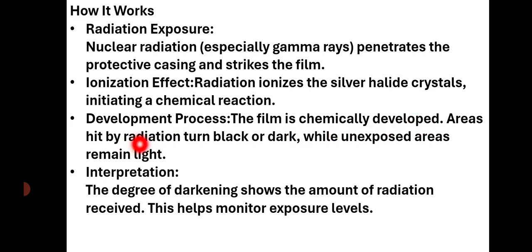Areas which are hit by radiation turn black or dark, while the unexposed areas remain light or colorless. So the interpretation is made. The degree of darkening shows the amount of radiation received. This also is used to monitor exposure levels. So this is a detection of radiation using a photographic film.